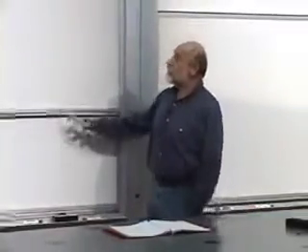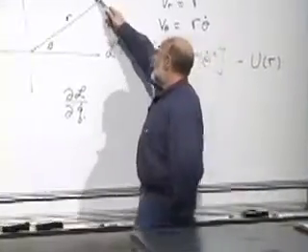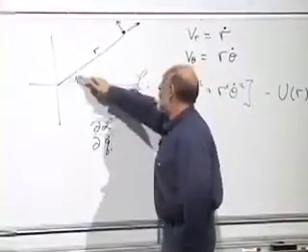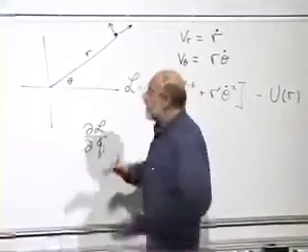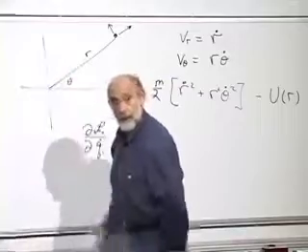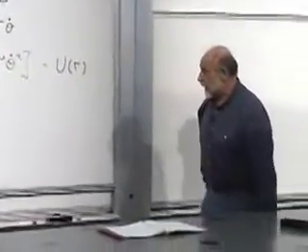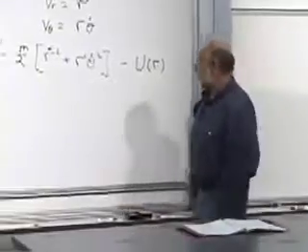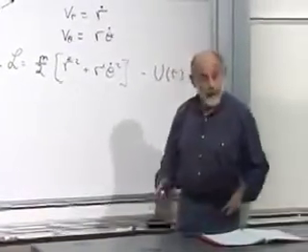It also corresponds to a symmetry, rotational symmetry: that the potential energy does not depend on the angle is simply a statement that the physics of the problem is invariant under rotation of axes. Okay? And we'll come back to that. All right, so for each coordinate, in this case the two coordinates are r and theta.